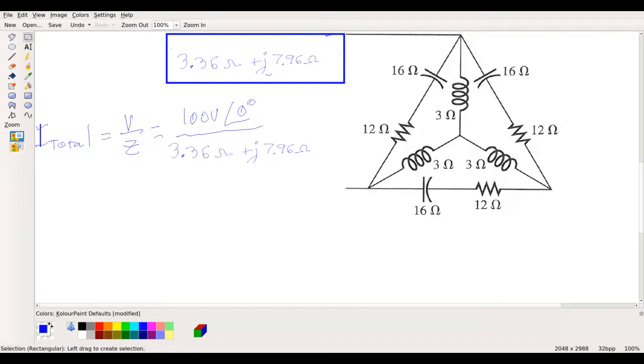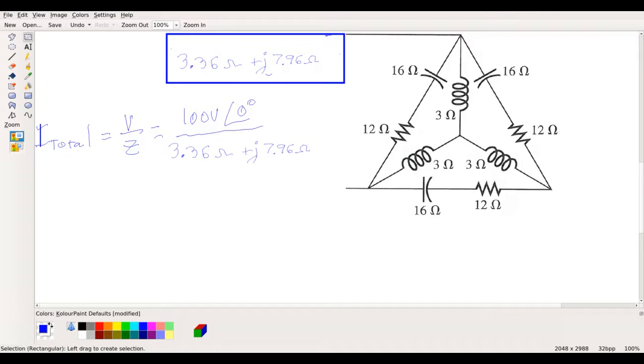Depending on how you're putting this in, you need to make sure that you put parentheses around it. And then since I'm using the Octave software to calculate this, it puts it in rectangular form, and then I need to convert that into polar form by doing the absolute value and also calculating the angle.